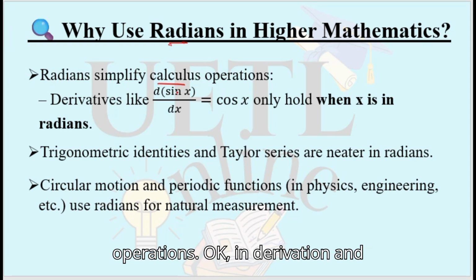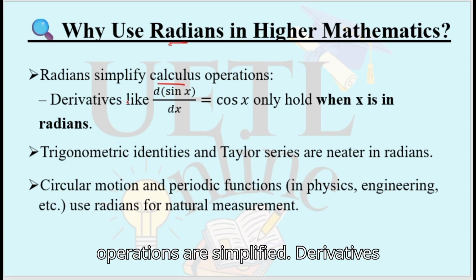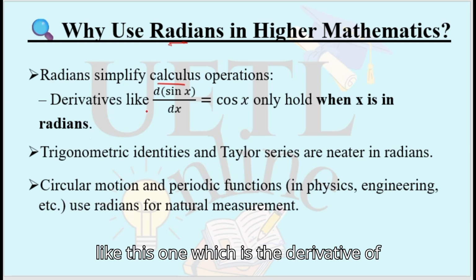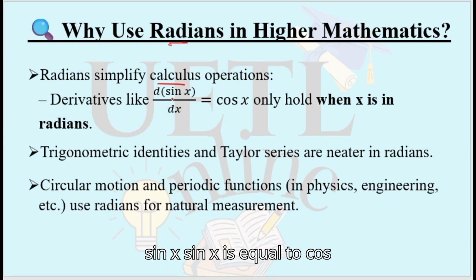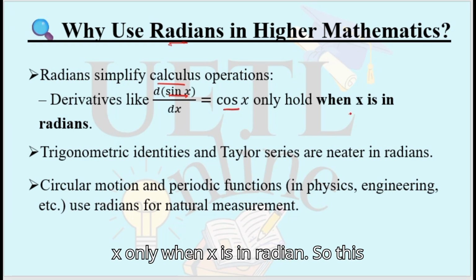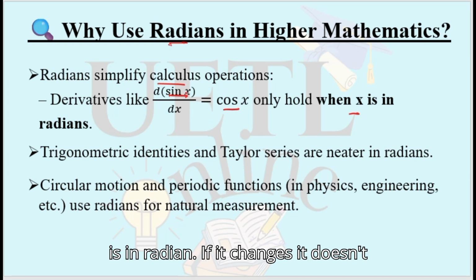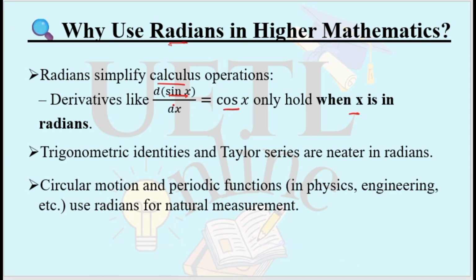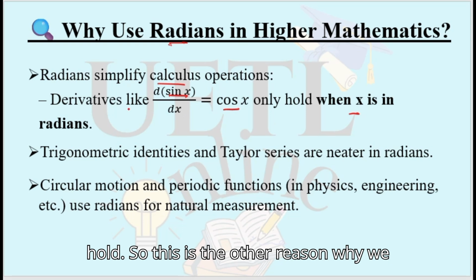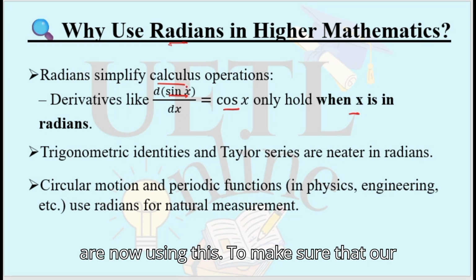In differentiation and integration, these operations are simplified. Derivatives like the derivative of sin x is equal to cos x only when x is in radians. This was tested and it only holds when x is in radians. If it changes, it doesn't hold.